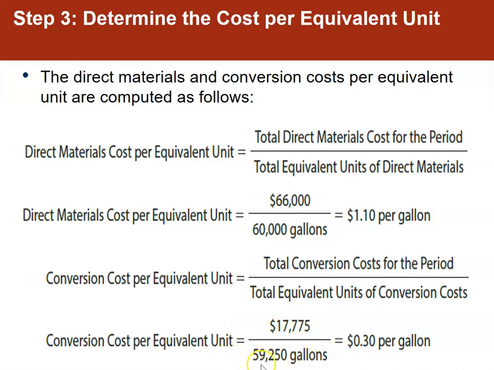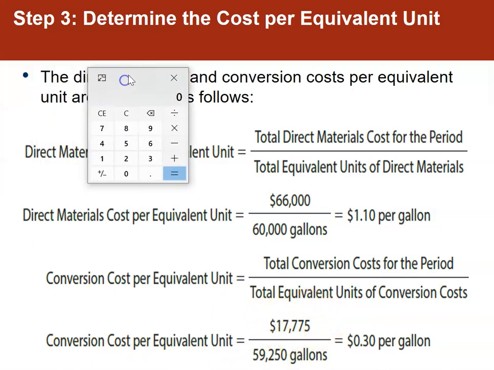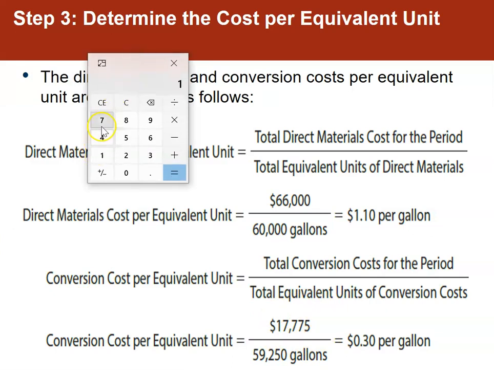We came up with 59,250 equivalent units for conversion costs for the period. And then they have given us this figure of 17,775. And then we're going to divide that by the 59,250 equivalent units for conversion, and we come up, in fact, with the 0.3 or 30 cents per gallon.